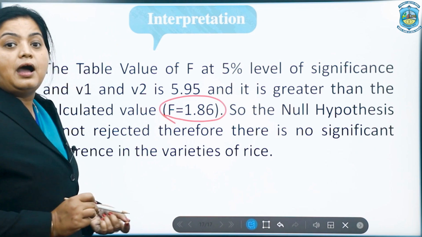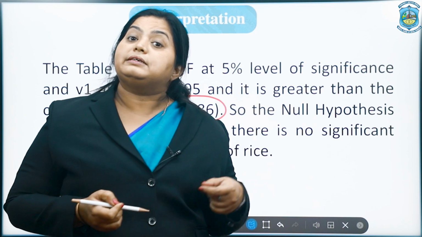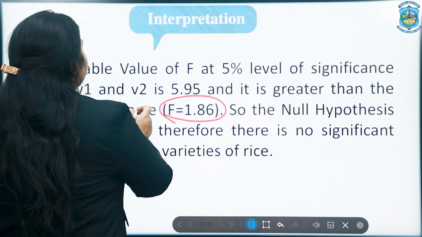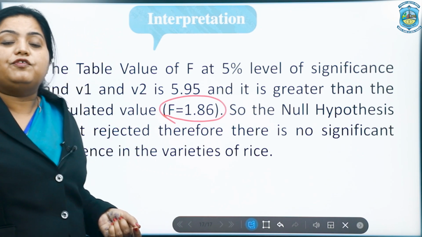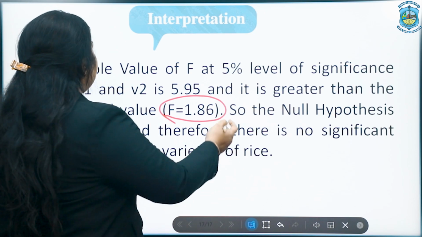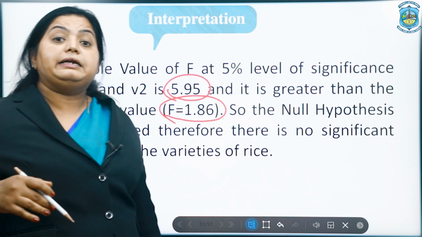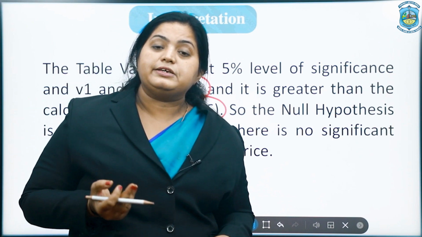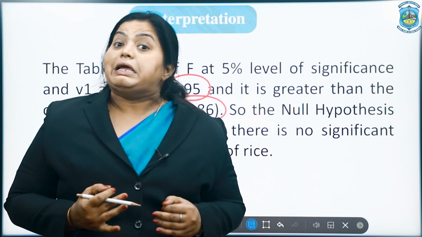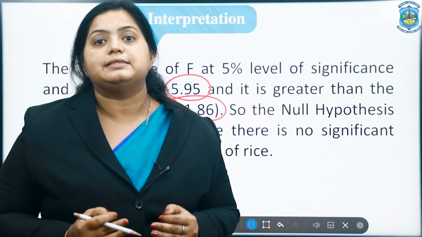Our calculated value is 1.86, and in the question we already have a table value at the 5% level of significance with degrees of freedom 3 and 12, which is 5.95. It is a rule of hypothesis testing that when your calculated value is greater than the table value, then your hypothesis is rejected.